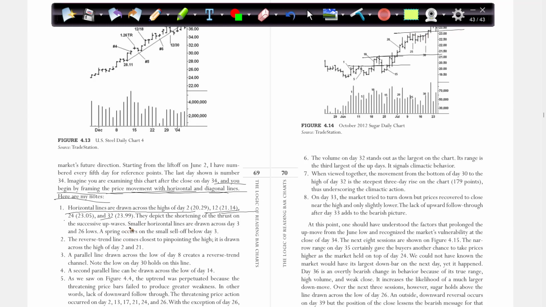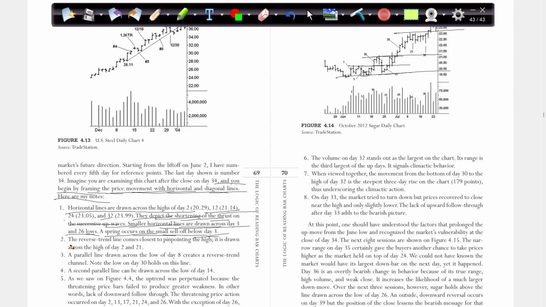They depict the shortening of the thrust on successive upwaves. Smaller horizontal lines are drawn across the day 3 and 26 lows. A spring occurs on a small sell-off below day 3.